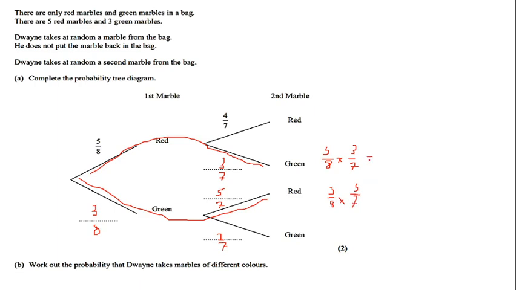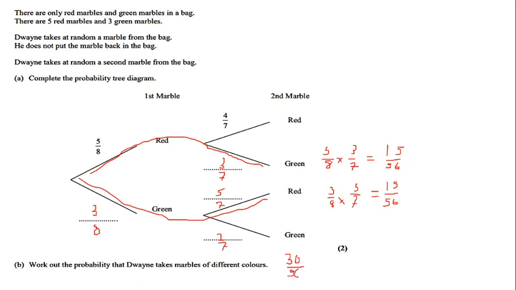Okay, so this is 15 over 56. This is 15 over 56. Okay, and so the probability that they're two different marbles is these two added together, which is 30 over 56.